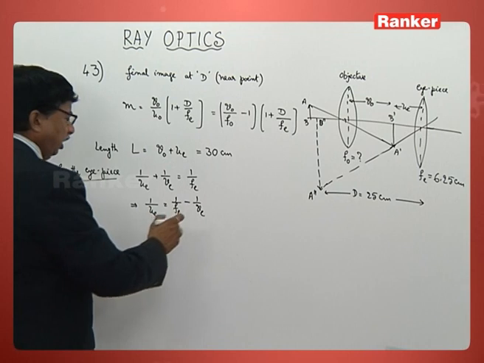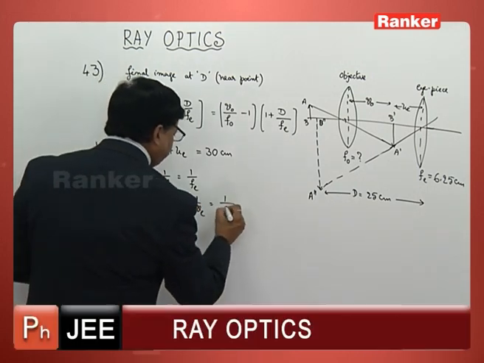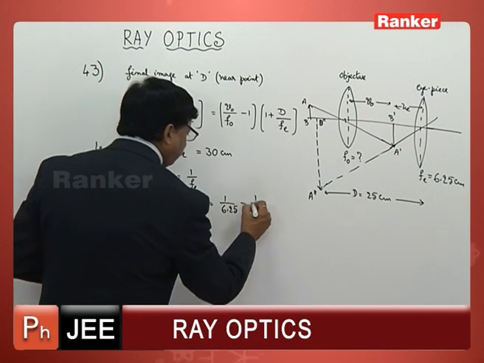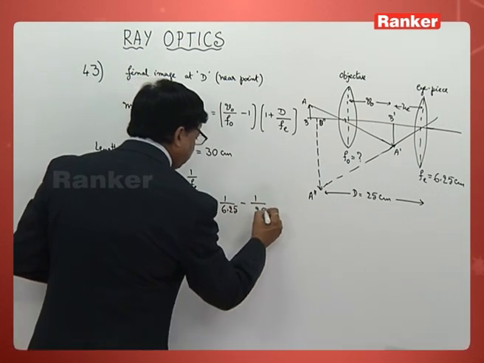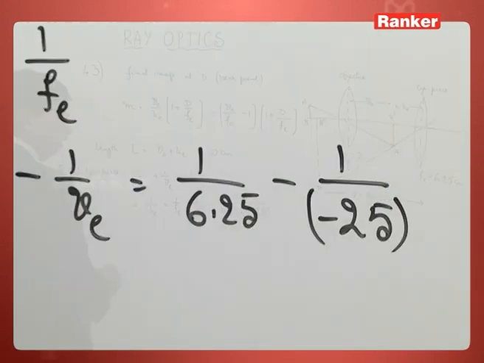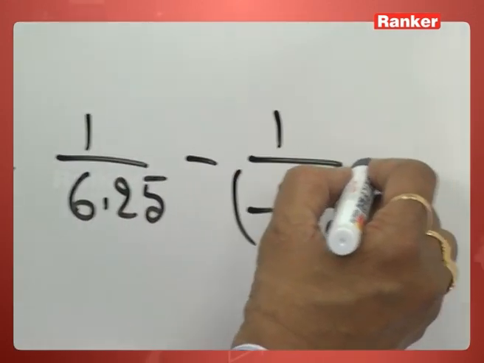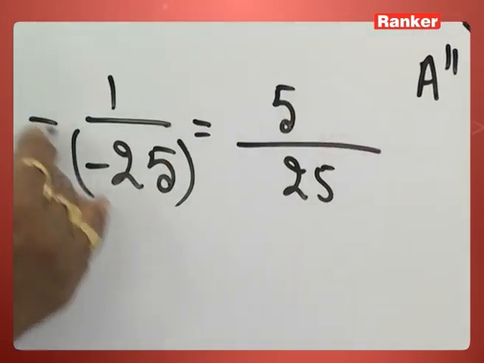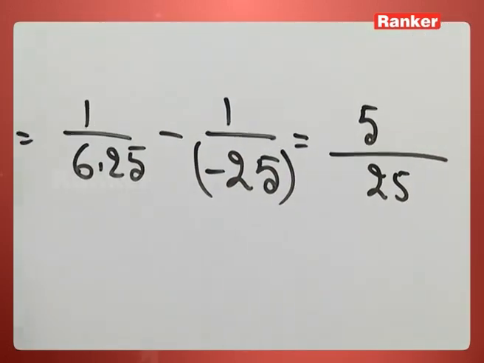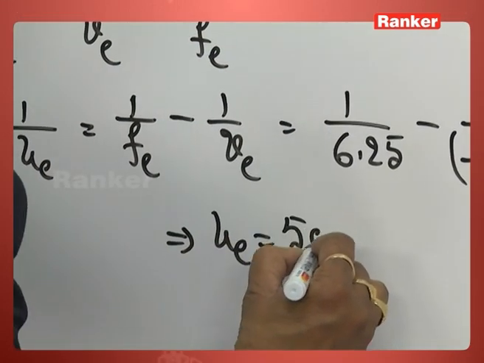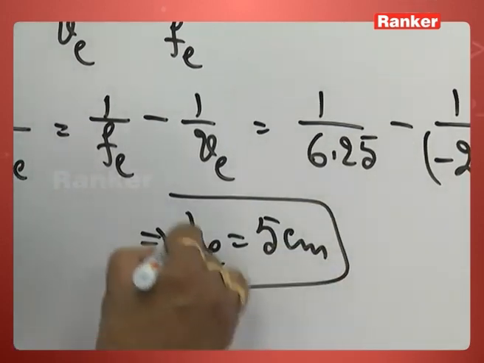This is 1 by 6.25, and this is 1 by 25 centimeter, which I should write with a negative sign. Then automatically you get 25 as the LCM and 5 in the numerator. Minus of minus becomes plus. So what is the value of UE? It's simply 5 centimeter.